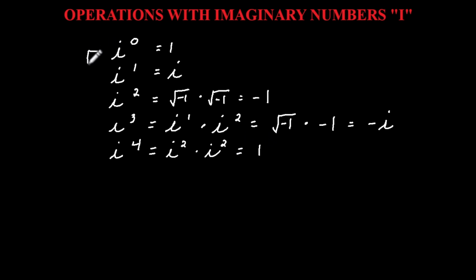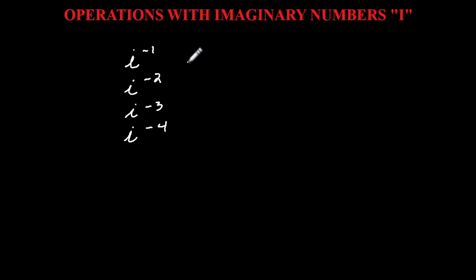We see, going from i to the 0 power up to i to the fourth, that this is cyclic. I to the minus 1 power is the same as 1 over i. This one ultimately would be minus i. And i to the minus 2 power is 1 over i squared.